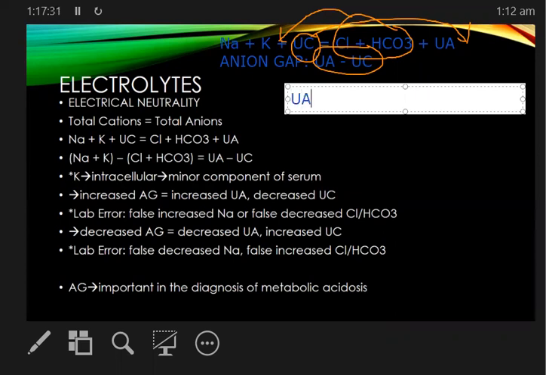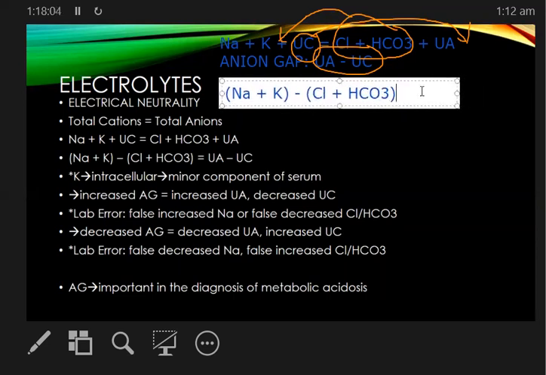Let's transpose first your chloride and bicarbonate. Therefore, our equation will now become sodium plus potassium, minus chloride plus bicarbonate. This is now the first portion of our equation.